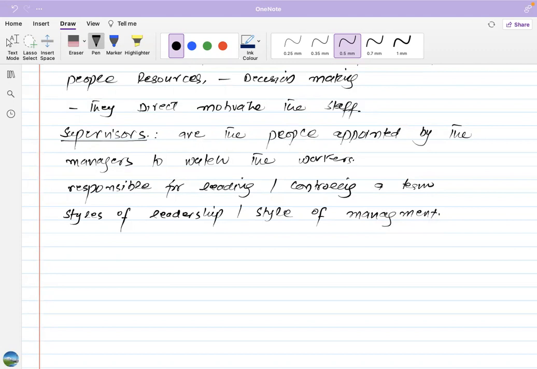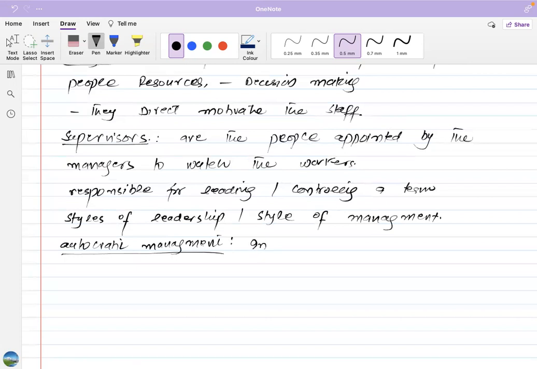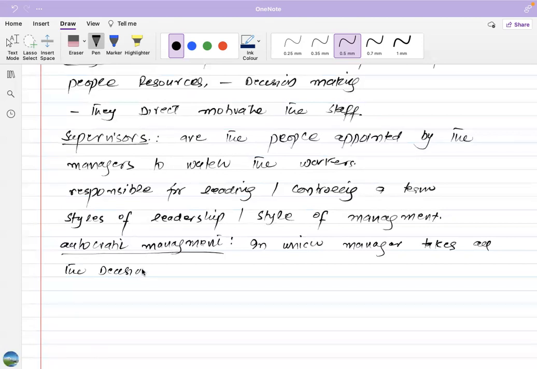We'll start with the autocratic management style. The autocratic management style is the style of leadership in which the manager or the leader takes all the decisions, and there is very little or no involvement of the workers.